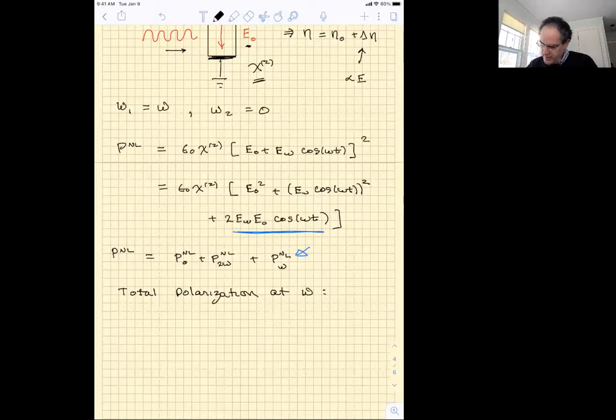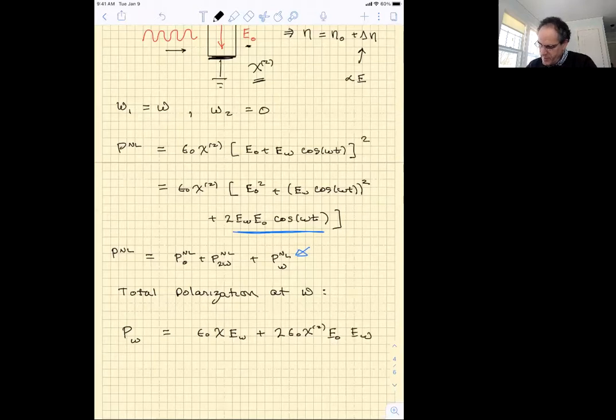Okay? So the total polarization at frequency omega will be given by the linear polarization, epsilon 0 times the electric susceptibility times E omega, plus this second term, 2 epsilon 0 chi 2 times E0 times E omega.